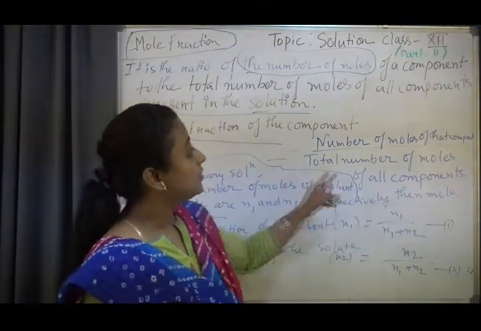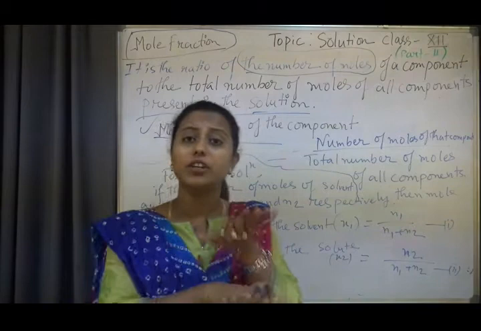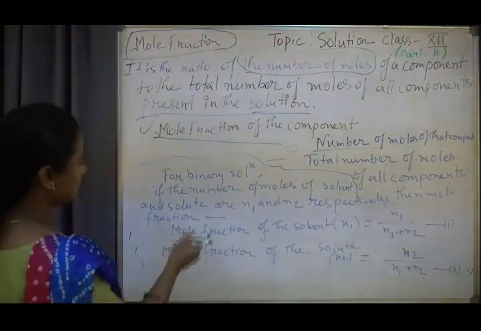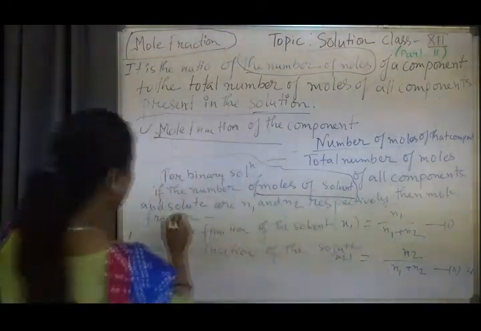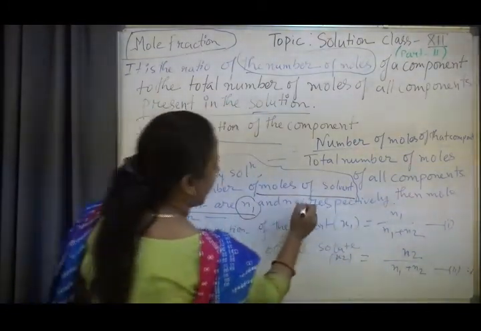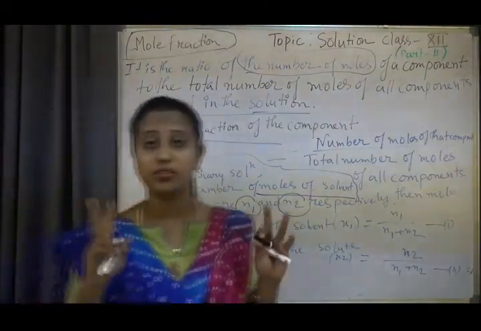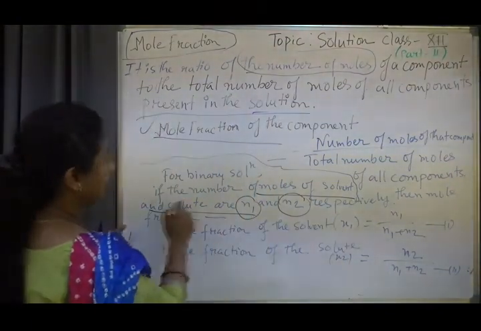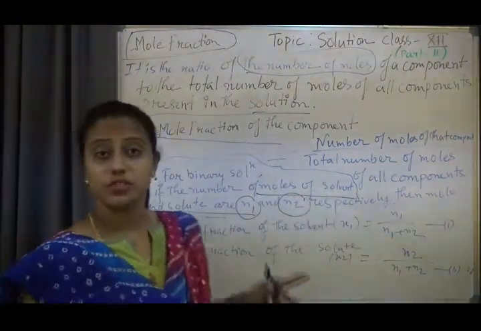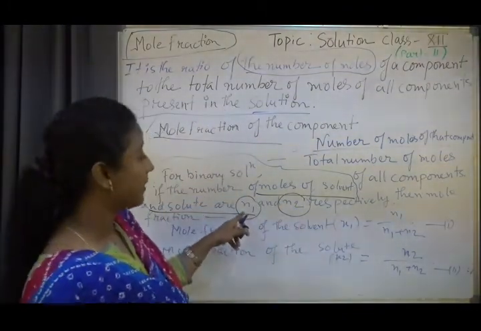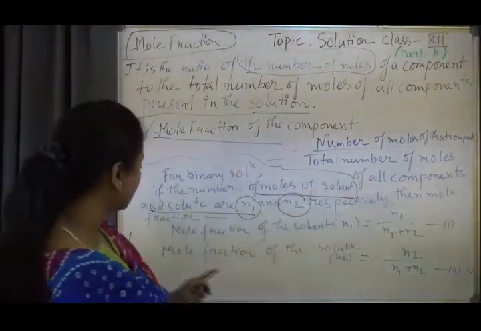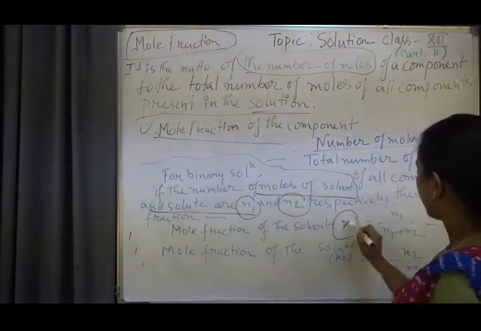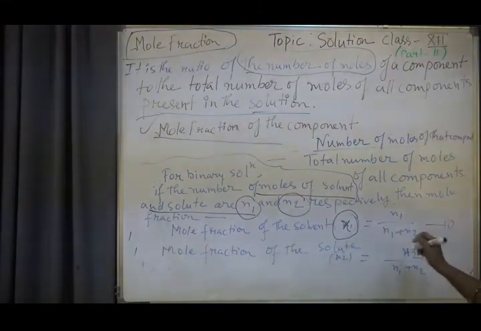Suppose for a binary solution, which means a solution with two components, the number of moles of the solvent and the solute are denoted by n1 and n2 respectively. Then the mole fraction of the solvent, denoted by x1, is equal to n1 divided by n1 plus n2.